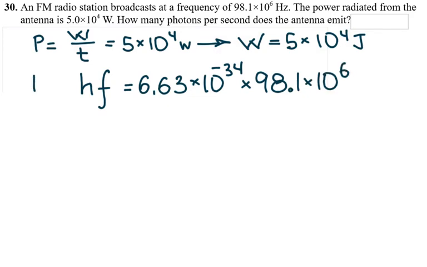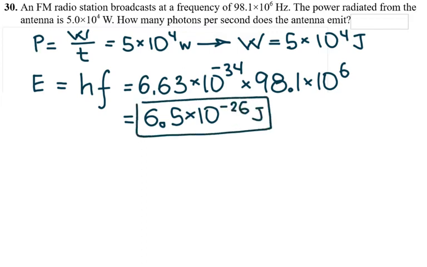So the energy of the broadcast frequency of the emitted radiation is 6.5 × 10^-26 joules. So this is the energy of one photon.